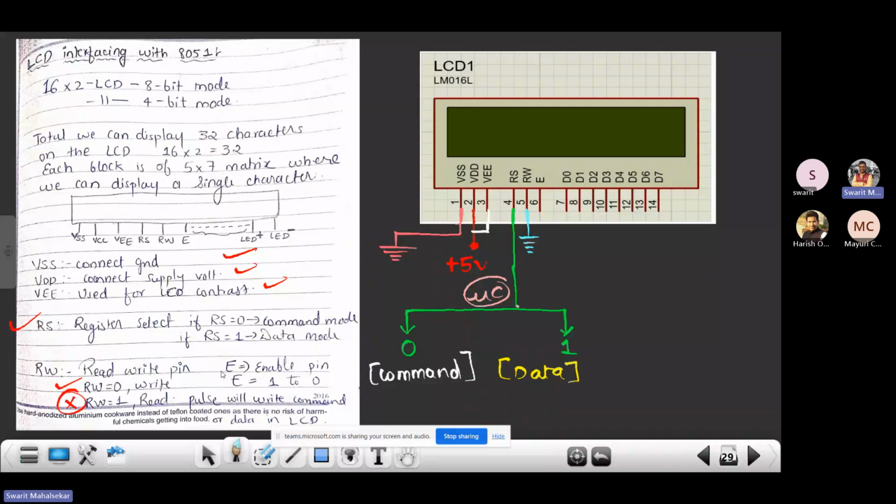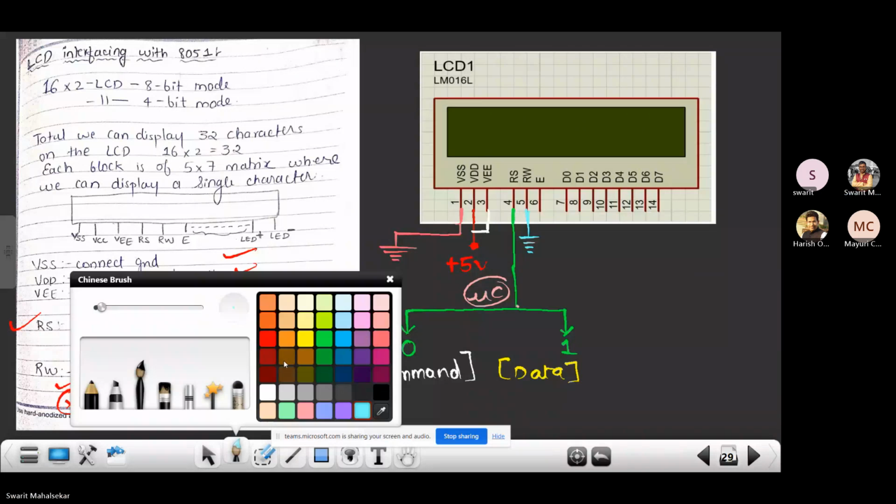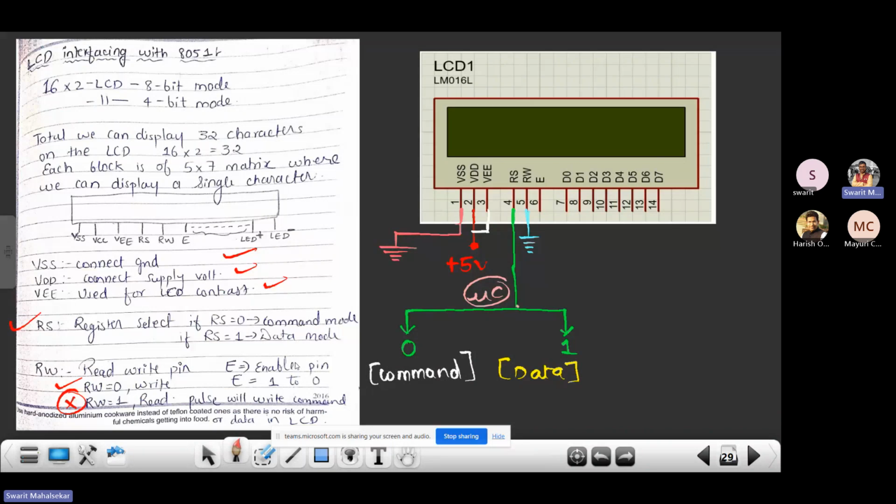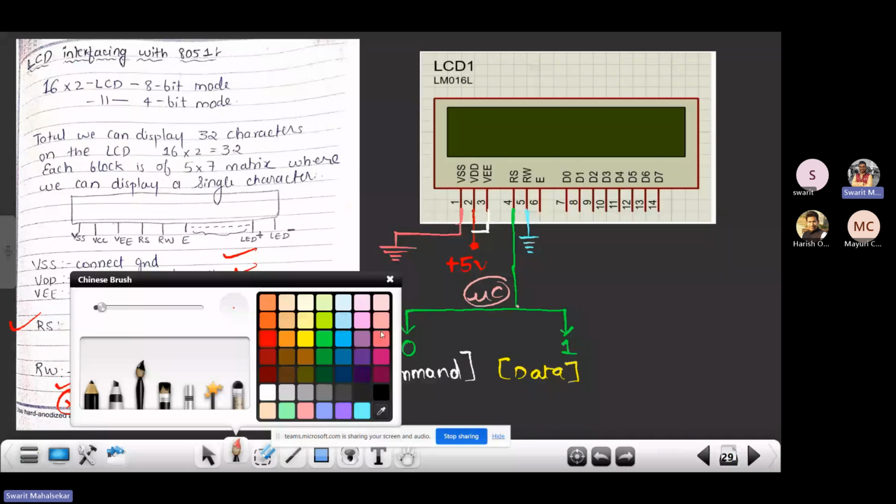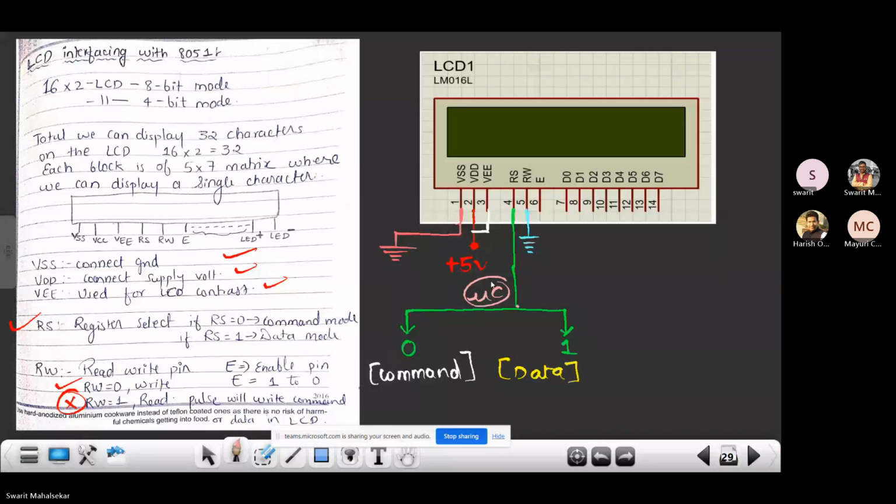So you just have a look over here. We have the enable pin. If my enable pin is getting this kind of signal, that is 1 to 0, it will write the command or data onto the LCD. I will come to this particular point, don't worry. As of now, just focus upon the things that I'm writing onto this board.